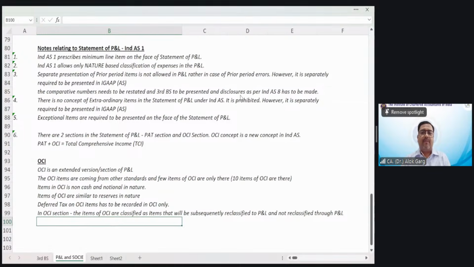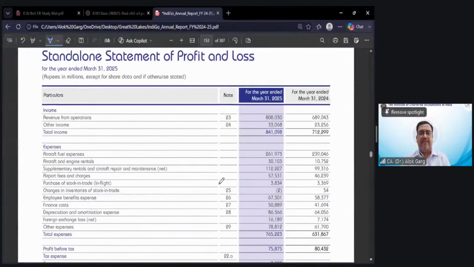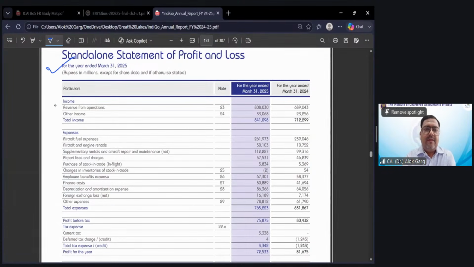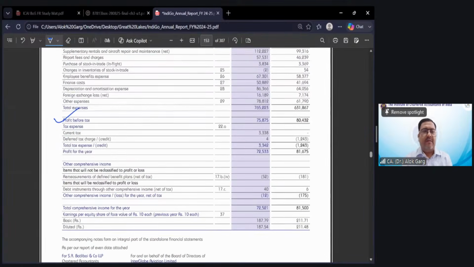Let me show you the balance sheet, the financials, the P&L of the listed company, Indigo Airlines. Can you see the P&L of Indigo Airlines? I hope it is visible to everyone. Yes. You can see the standalone statement of profit and loss: income, expenses, profit before tax, tax expense, profit for the year, profit after tax.